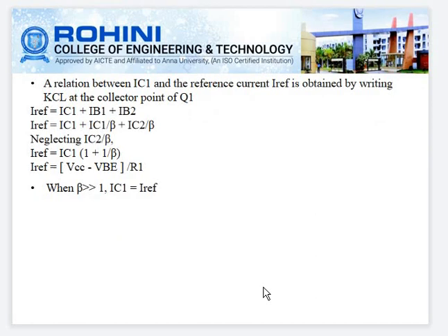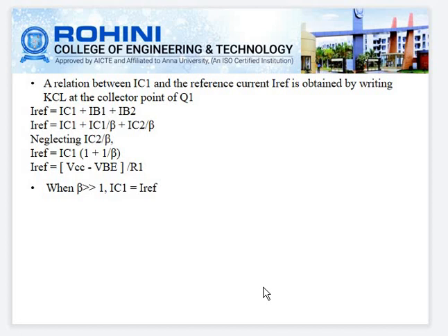A relation between the collector current IC1 and the reference current is obtained by writing Kirchhoff's current law at the collector point of Q1. The reference current is equal to the Q1 collector and base current plus the Q2 base current. It can also be written as the Q1 collector current plus IC1 by beta plus IC2 by beta.